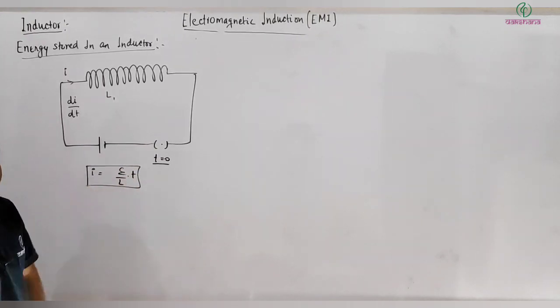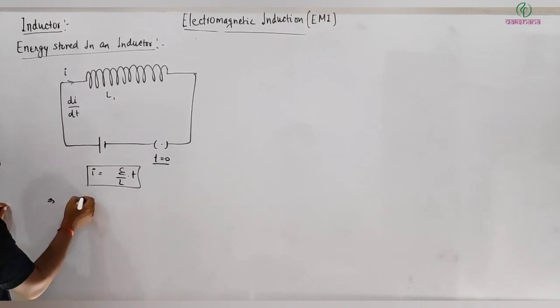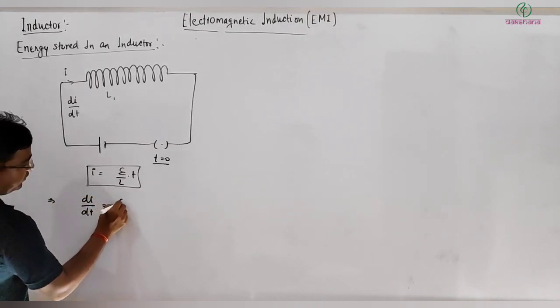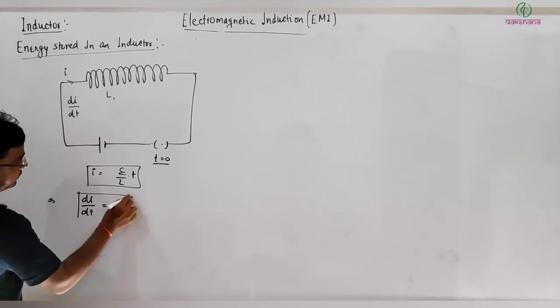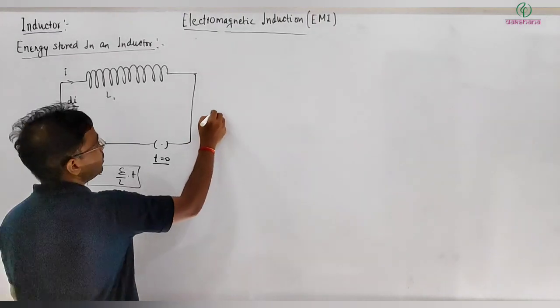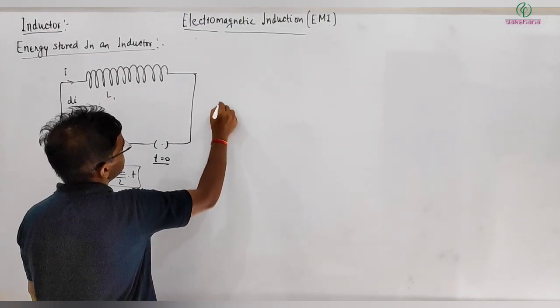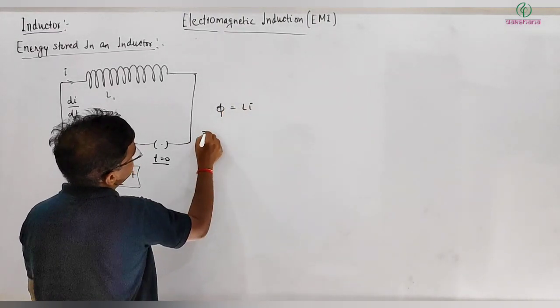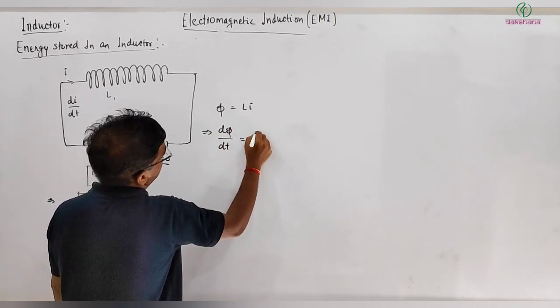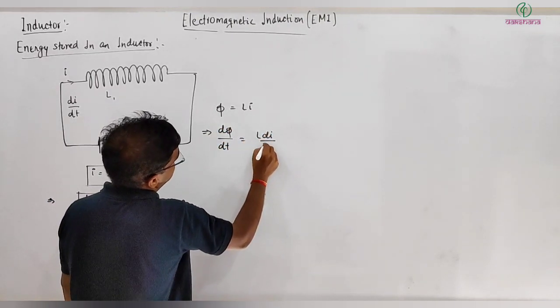It increases with time. And we already know that phi is equal to Li, and this implies d phi by dt equal to L di by dt.